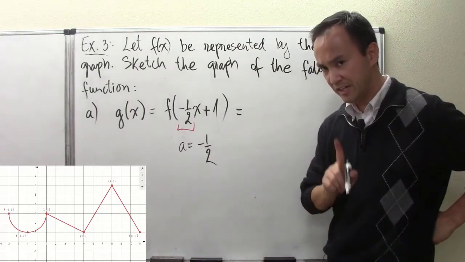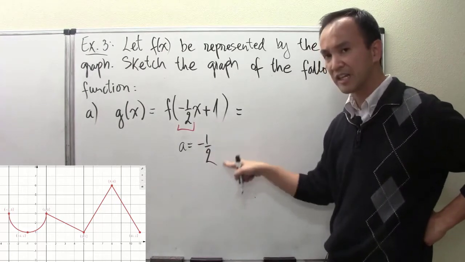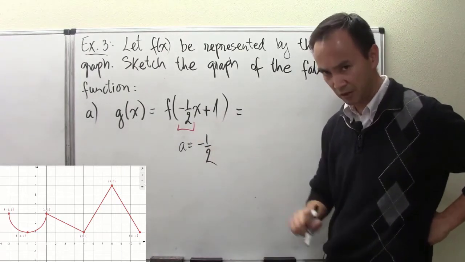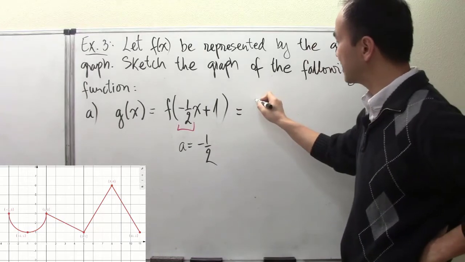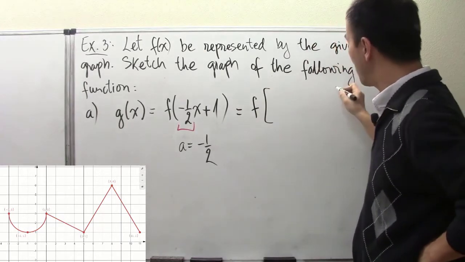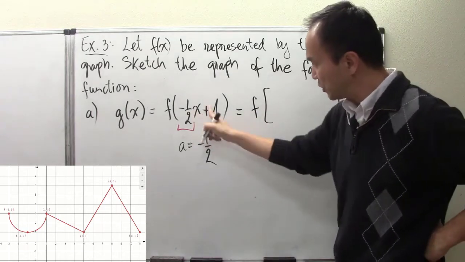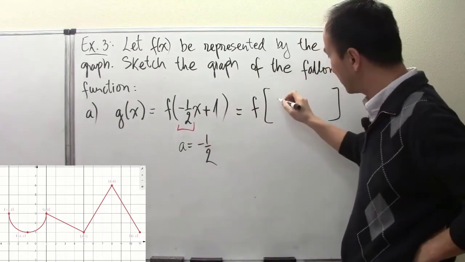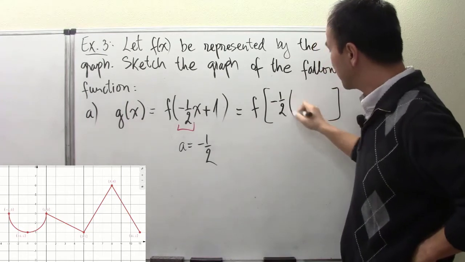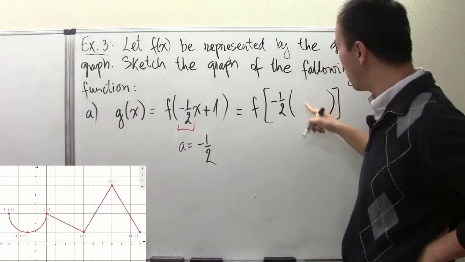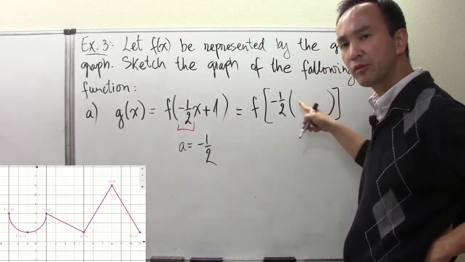All right, so now in that way, we want to factor out the entire negative 1/2 lead coefficient. So in my next step, I'm looking for a way to write my function here as f of, but now the two terms minus 1/2 x plus 1, I'm going to factor out negative 1/2. So start thinking about what's going to be left behind inside the parentheses here.